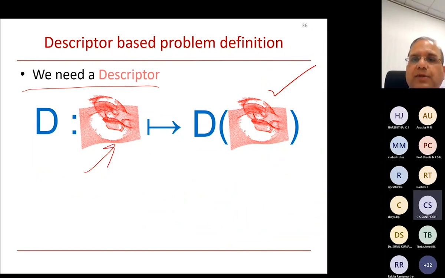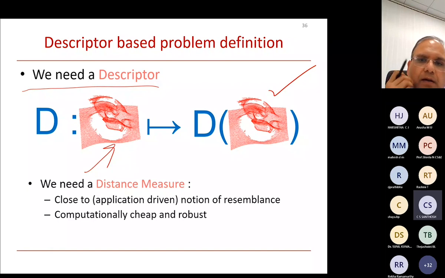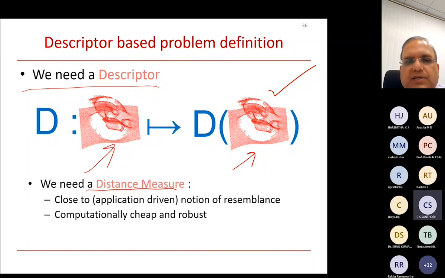We need to compute the descriptor of it, and only then will we be able to compute the match score. These descriptors are often a vector. When you are comparing two vectors, you can compare them by comparing the distance. So you can use some distance measure, and based on that you can compare how similar those two descriptor vectors are.